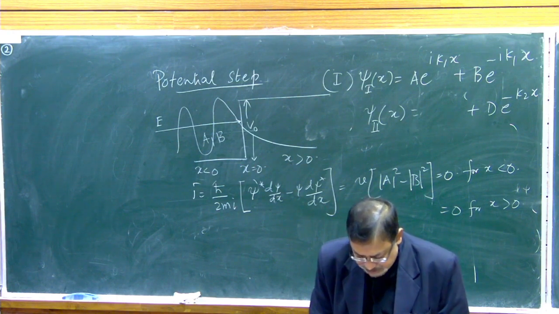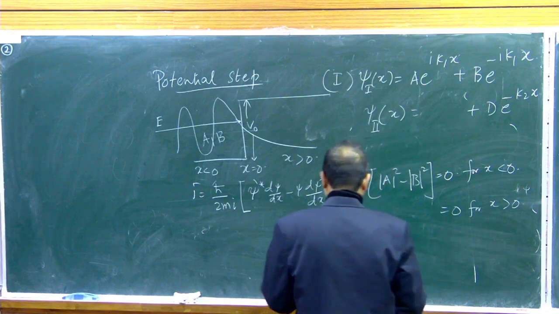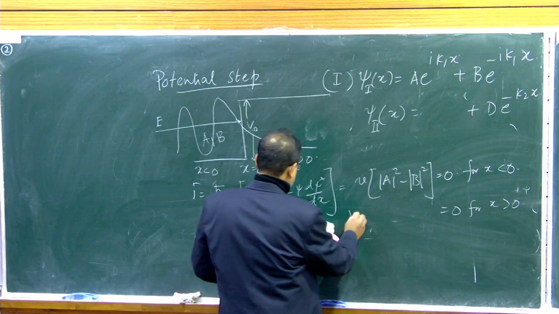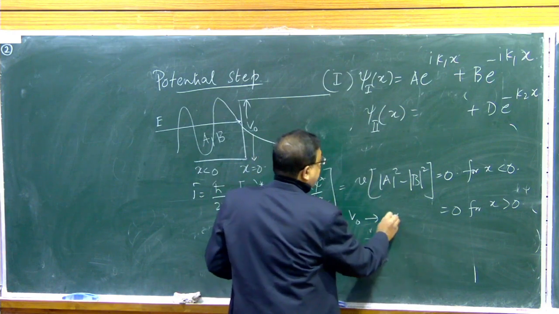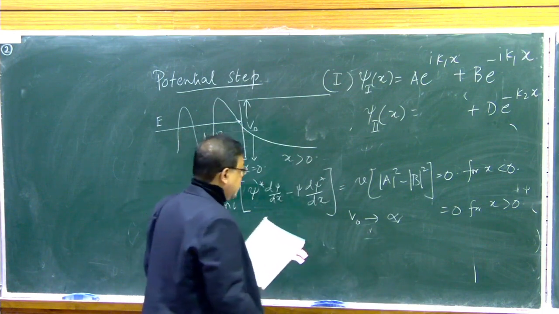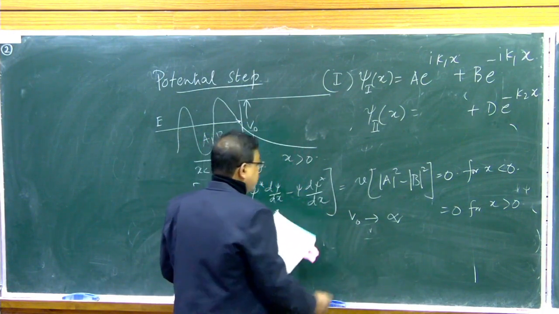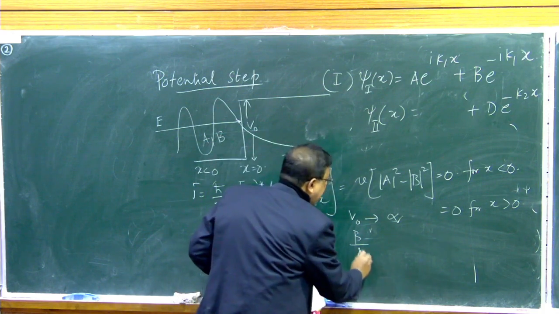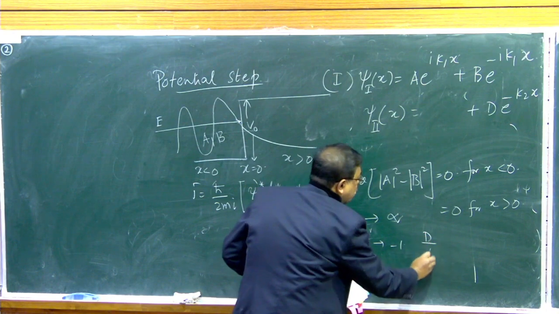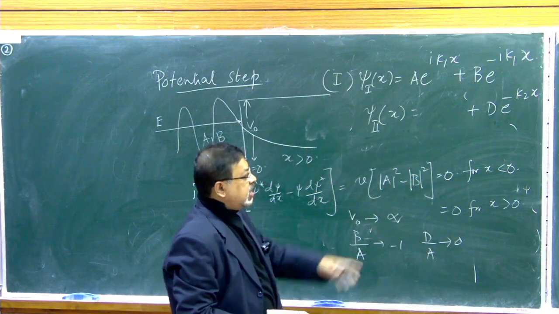Now what happens when V naught is equal to infinity? That is one of the limiting cases, where this height discontinuity becomes larger and larger, in which case B by A goes to -1 and D by A goes to 0, from those relations that we have given.